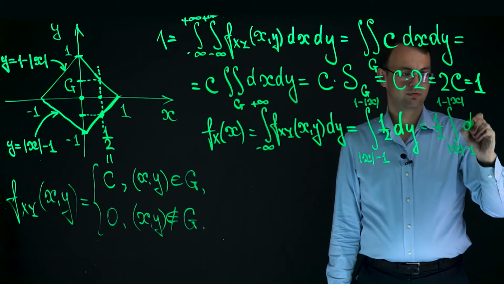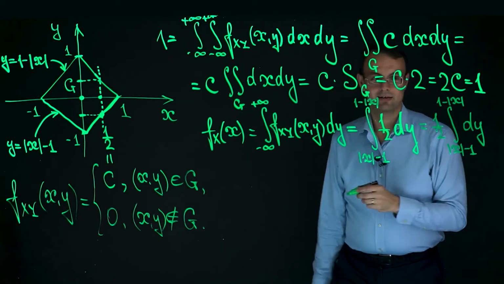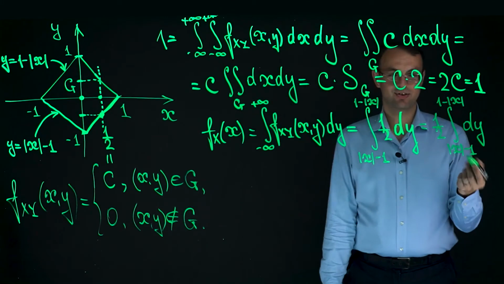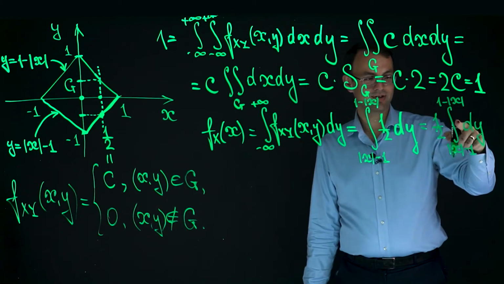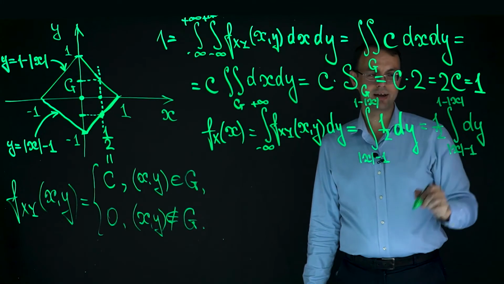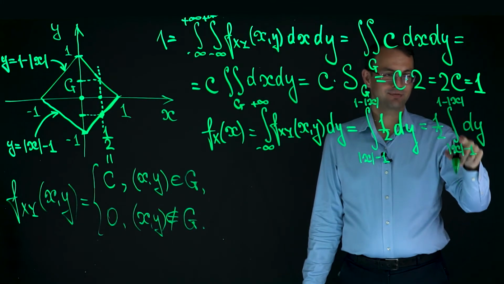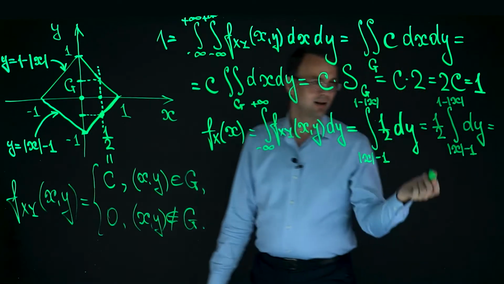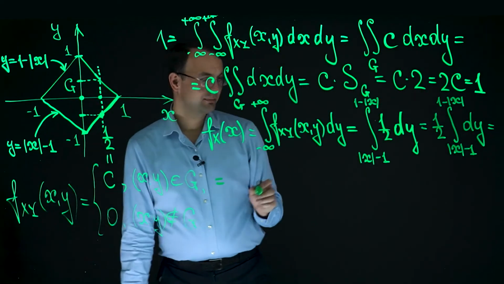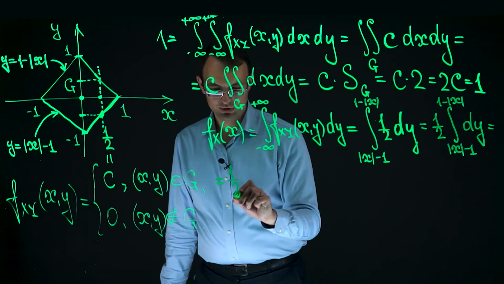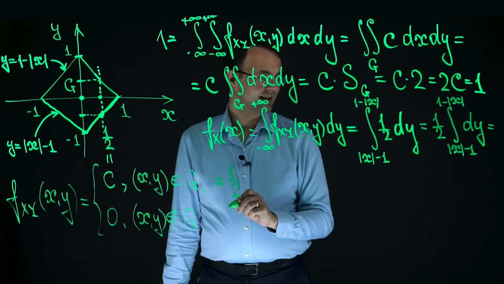And now as we see that the function that is integrated is actually equal to 1, we just need to subtract lower limit from the upper limit. And what will we get here?